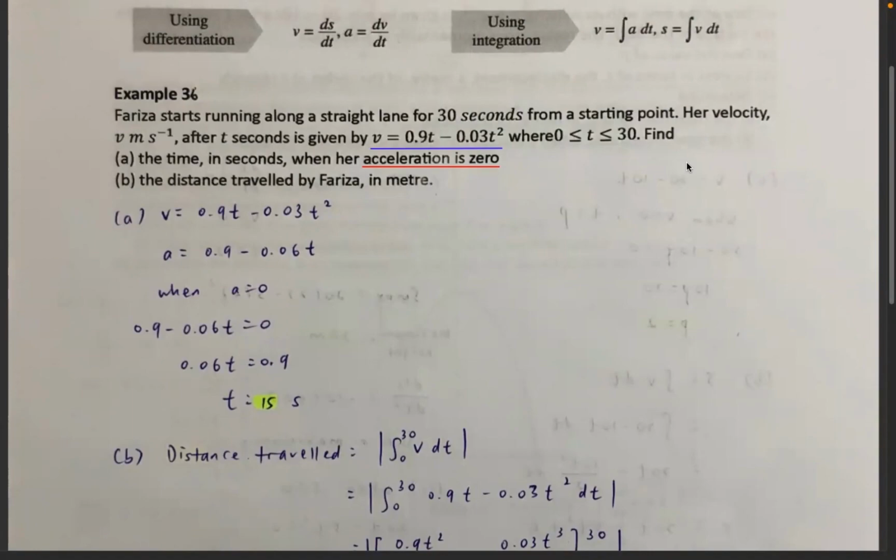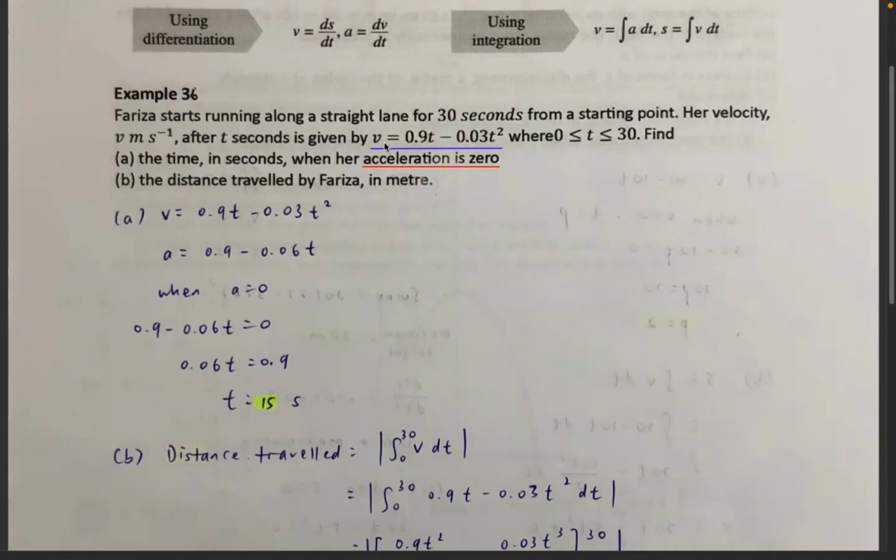Let's try some questions. Example 36. Fariza starts running along a straight lane for 30 seconds from a starting point. Her velocity is given by v equals 0.9t minus 0.03t squared, where t is between 0 and 30. Find the time in seconds when her acceleration is 0.